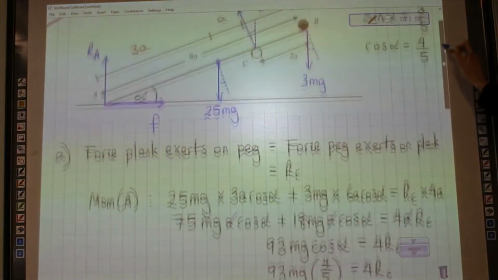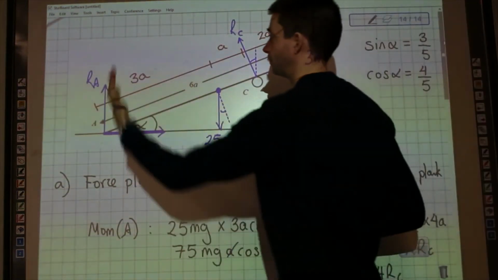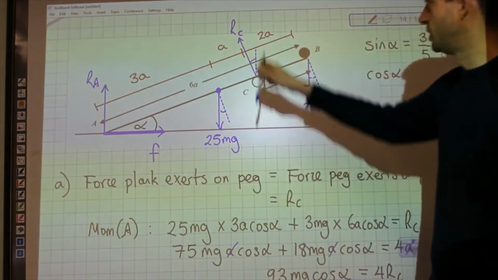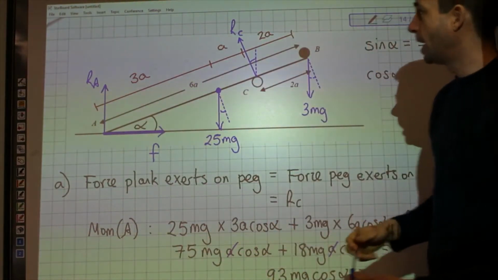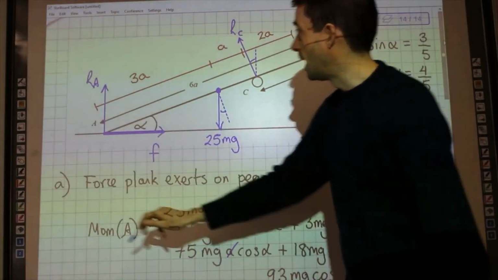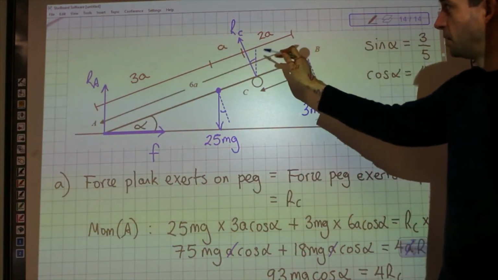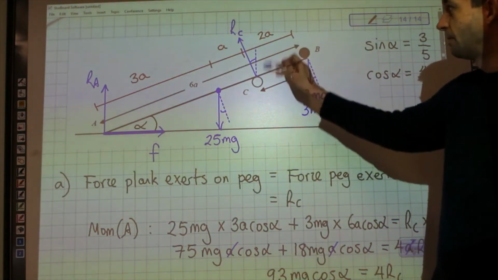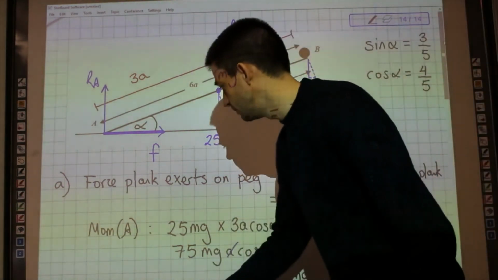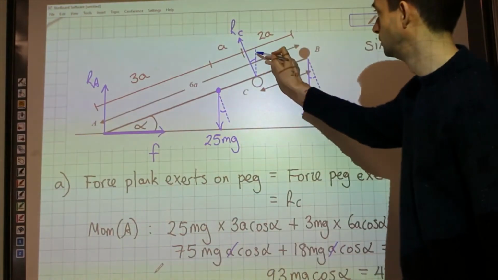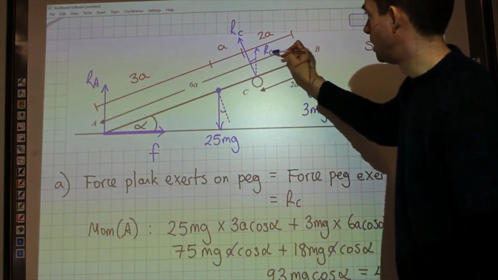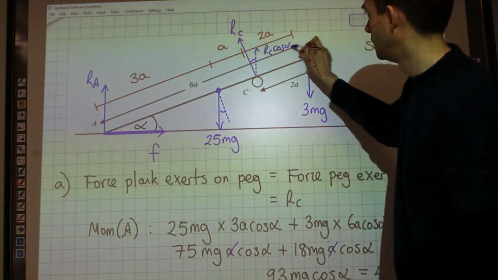And we look at all the forces that are going up equaling all the forces that are going down. Now going up, I have the reaction at A, and look here, I have the vertical component of RC. And that vertical component of RC is going to be RC cos alpha.